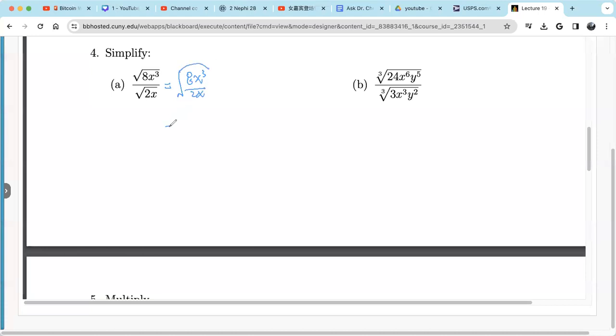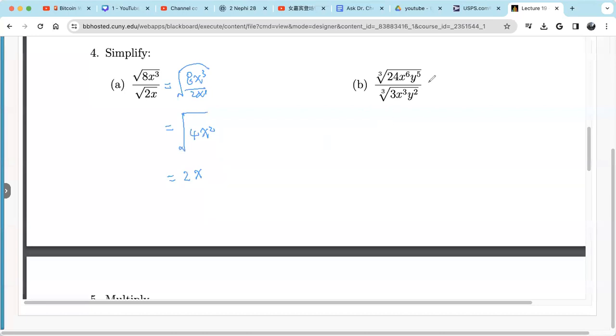Now we can simplify. 8 divided by 2 is 4. X cubed divided by x squared. Right, when we divide the same base, we subtract the exponents. So 3 minus 2 is 1. Now square root of 4 is 2. Square root of x squared is x. So it simplifies to be 2x.